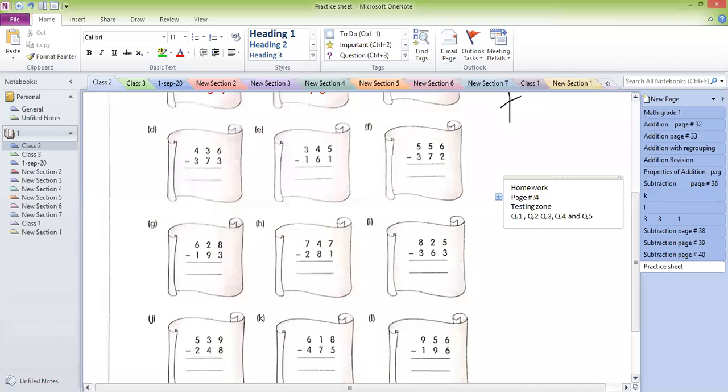This was the homework. Question number 1 was the homework for Sunday, 2 for Monday, 3 for Tuesday, and 4 for Wednesday. Up to question number 4 you have to complete.